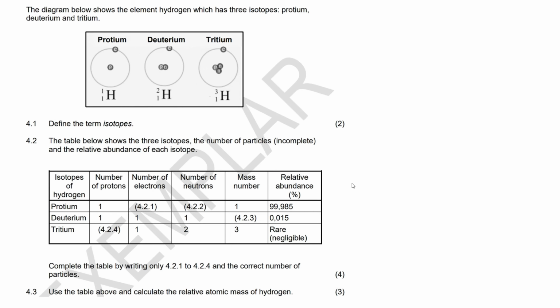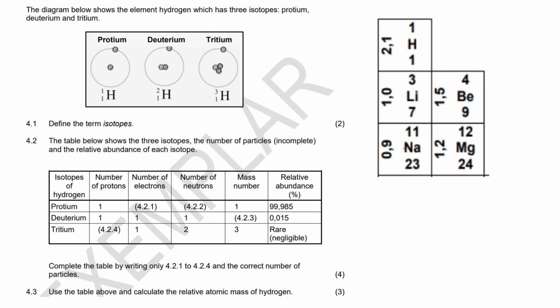The diagram below shows the element hydrogen, which has 3 isotopes. Do you remember what isotopes are? If not, go check it out. I do talk about isotopes in some of the videos. But pretty much what we've learned is that, let me get a periodic table quickly, atoms contain electrons, neutrons, protons.